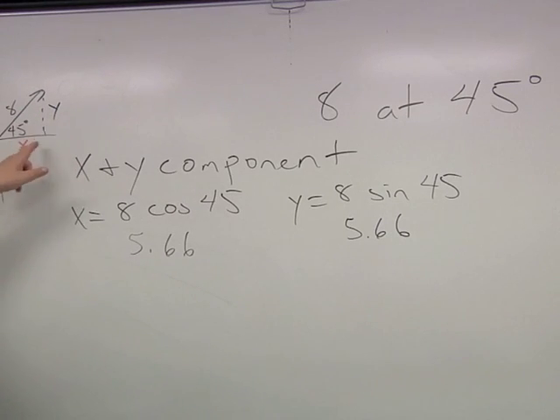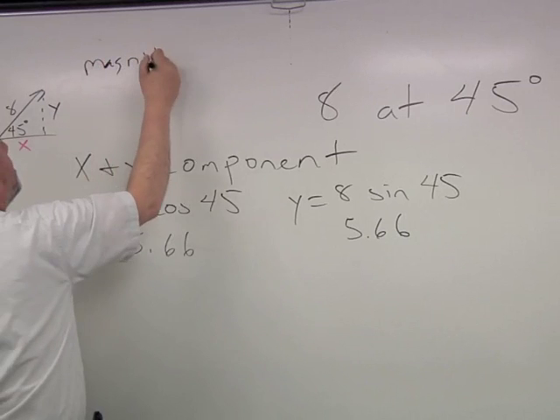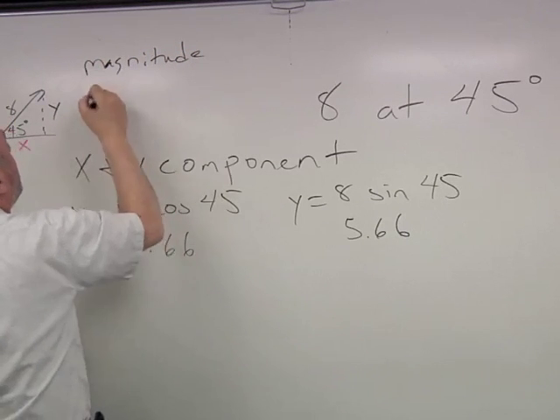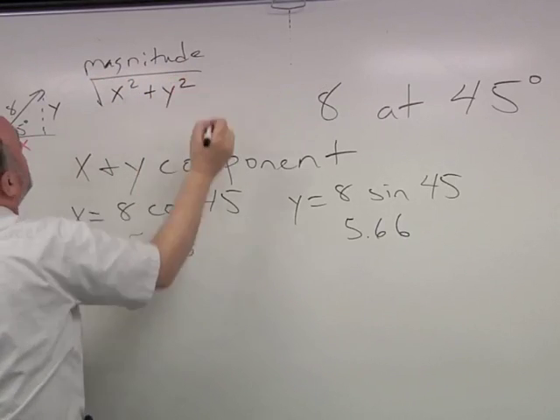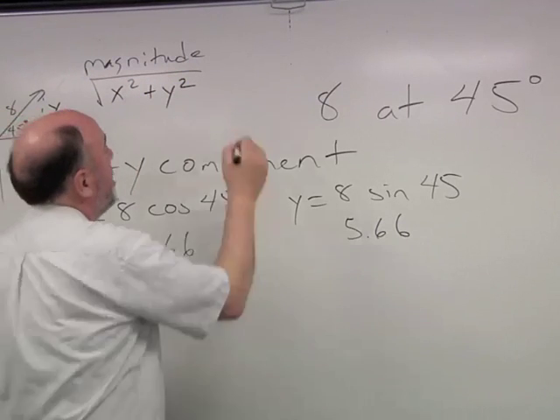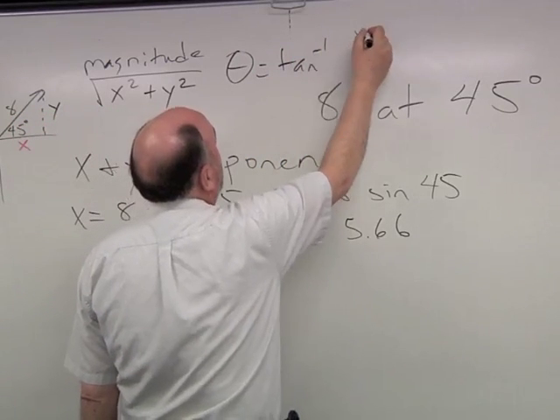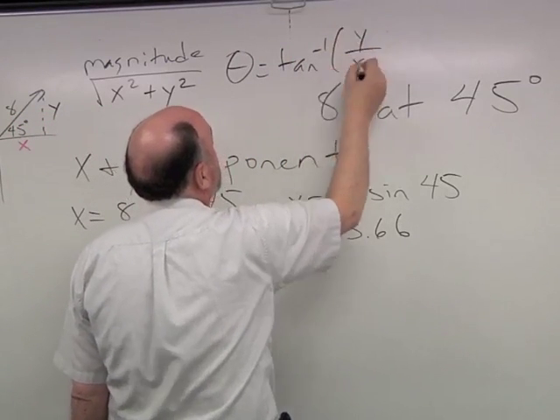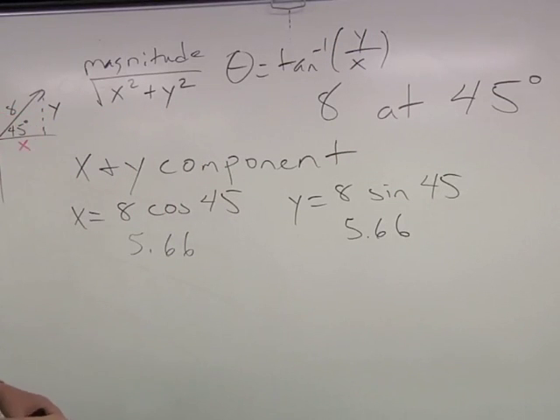And then also if I know these two, I can get the angle by using the inverse tangent. So the magnitude will be given by the square root of x squared plus y squared. And my angle theta will be given by the inverse tangent of y over x. And that'll give us in regards to our particular vector.